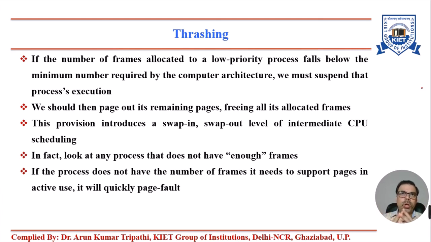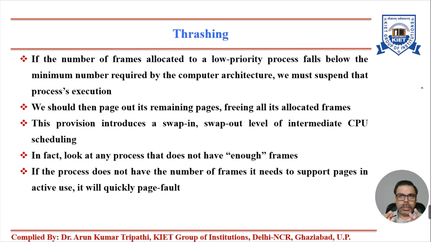How? Because in that case, all programs have only one page of each process in the main memory. When the CPU wants to execute the next page, it will not find it in the main memory, so automatically a page fault will occur.